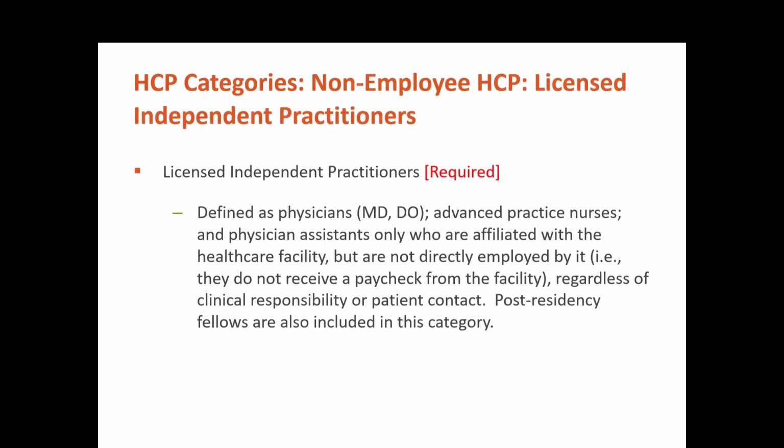The second healthcare personnel category consists of non-employee licensed independent practitioners, specifically physicians, advanced practice nurses, and physician assistants who are affiliated with the facility but are not on the facility's payroll, and that's again regardless of clinical responsibility or patient contact. This category also includes post-residency fellows.